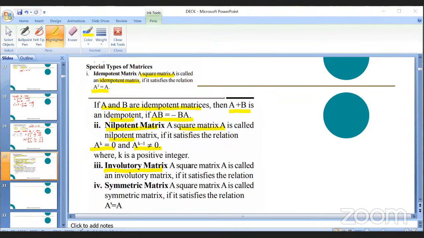What is involutory matrix? Very easy. If A square is equal to I, identity matrix, then you call the square matrix A as involutory matrix. What is symmetric matrix? A square matrix A such that A dash is equal to A. That is called A transpose is equal to A. That is symmetric.